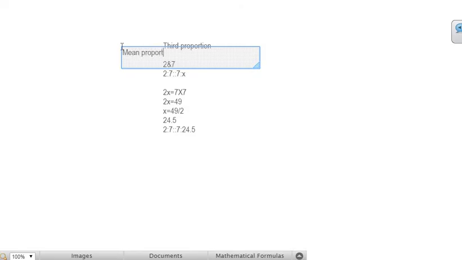Let's take the same numbers 2 and 7. So it's going to be 2 is to x, such that x is to 7.